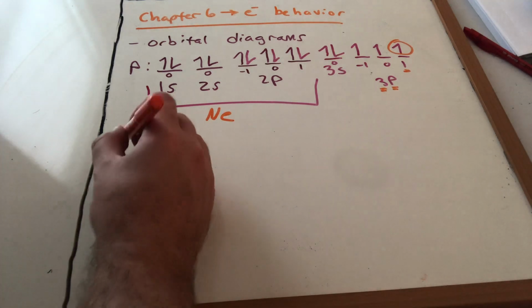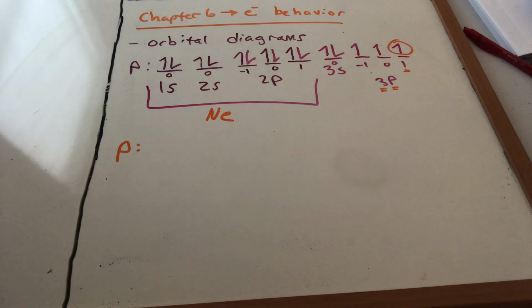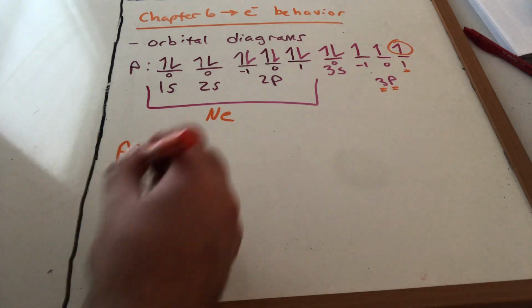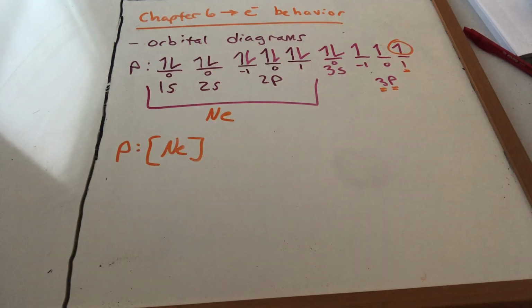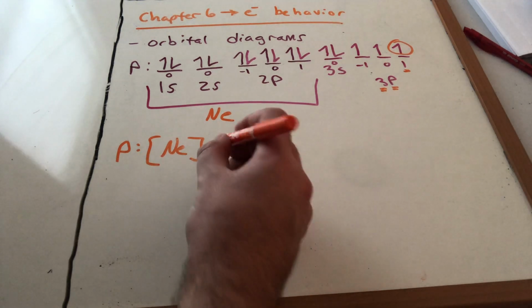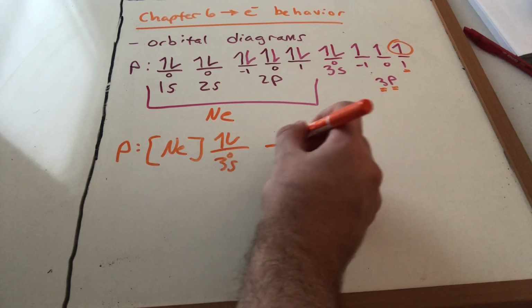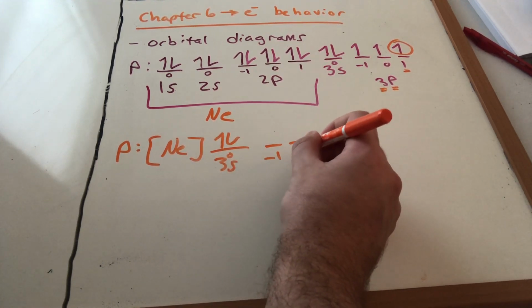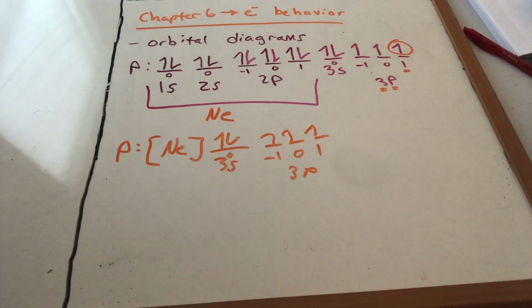So sometimes we get lazy, and we say, okay, I don't want to always start at 1s because I realize the Aufbau principle exists and we're always going to fit in these slots as we go. When I look at something like P, let's just look at the new stuff past the noble gas. And so we use square brackets and show the noble gas, and then we go on from there to write 3s, 3p.